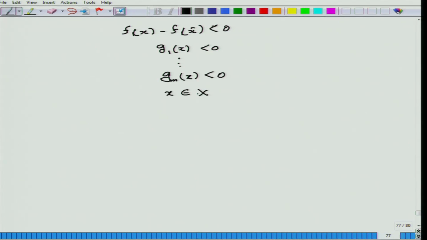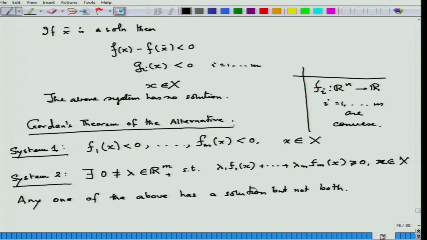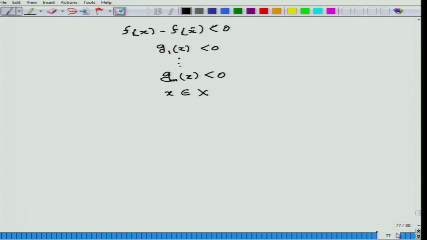So, if x bar is a solution, this system we know does not have a solution. This corresponds to system 1 in Gordan's theorem of the alternative. So, if this does not have a solution, then the second must have a solution.